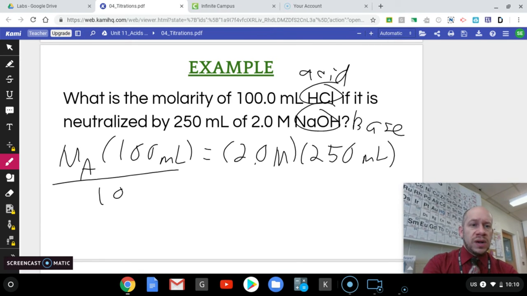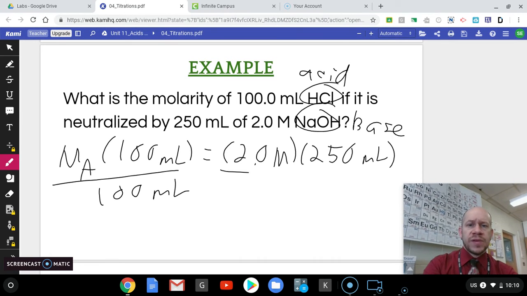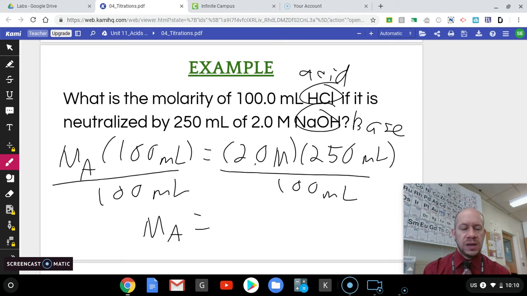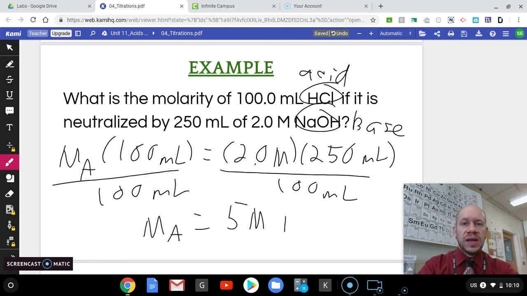So divide by 100. The molarity of our acid is equal to 2 times 250, which is 500, divided by 100, which is 5. So we have 5 molar HCl.